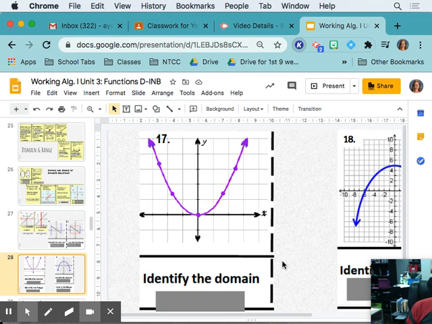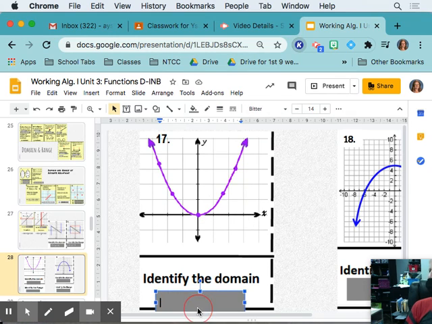So domain is our x's. So we'll start at the origin. Put your mouse on the origin. And then how far left do the x values go? But what does this arrow mean? Infinity. So it goes on to negative infinity. What about the other direction?